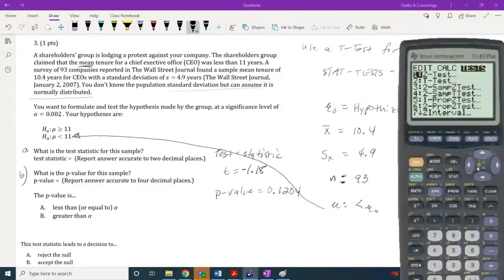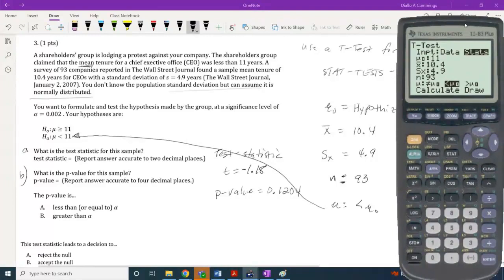Okay, so go back into statistics and test, and then check your values for the mu sub 0, x bar. Okay, your calculator's up there.